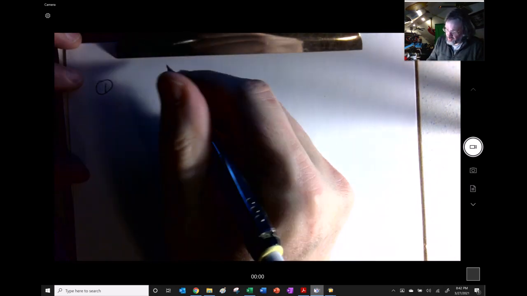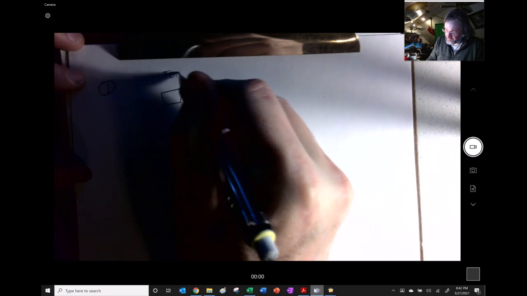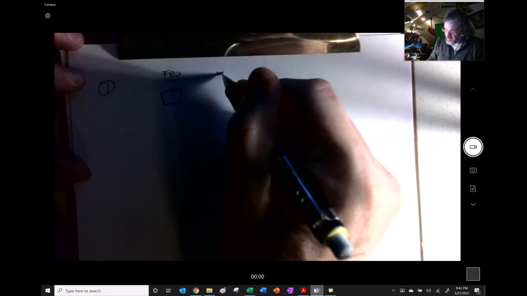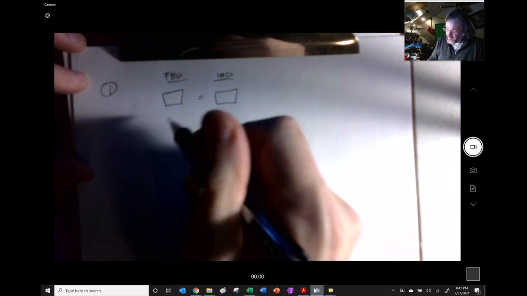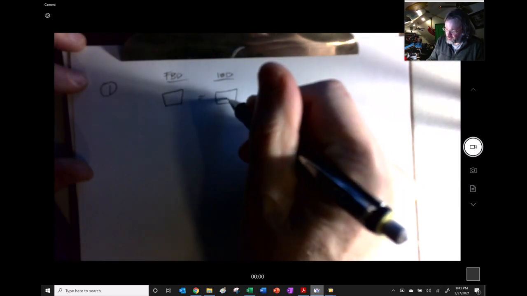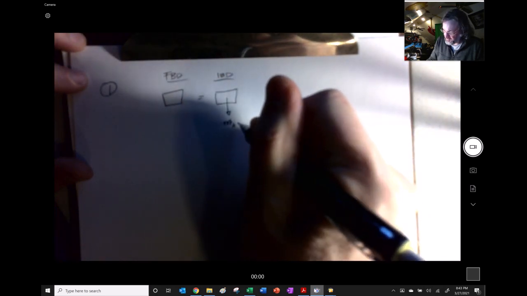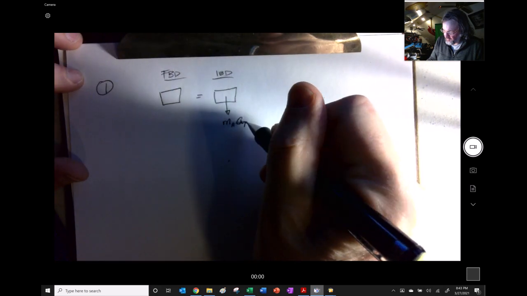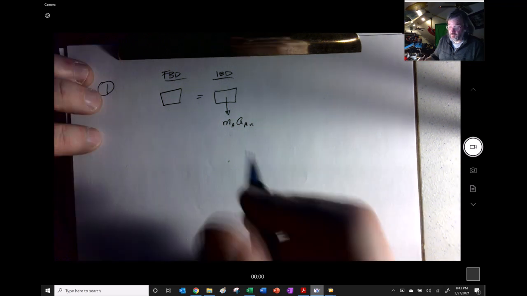So we start out with a free body diagram and an inertial body diagram, and because this thing is on a curve, there is actually going to be an acceleration downwards. So this is block A. This is mass times acceleration of A, and this is in the normal direction here.